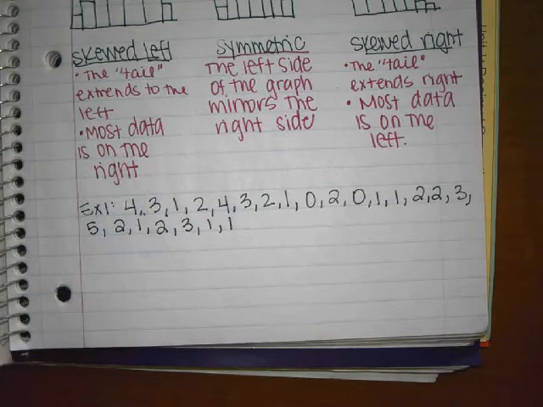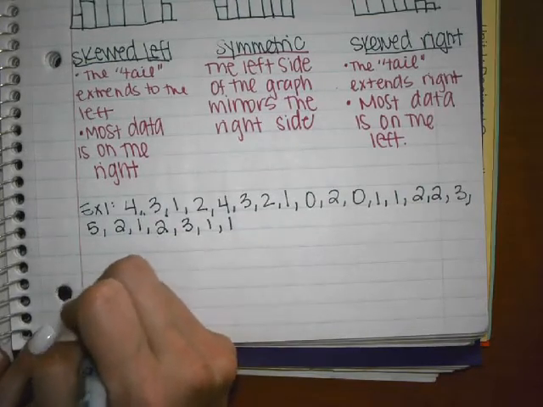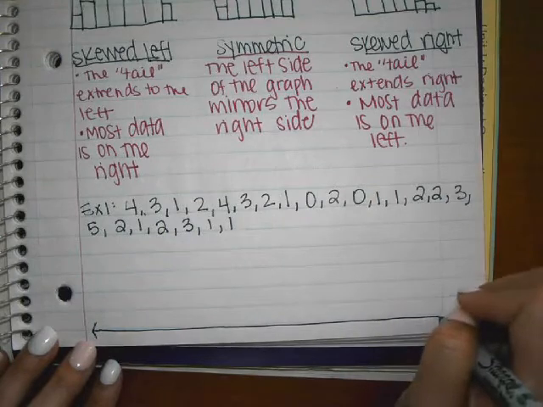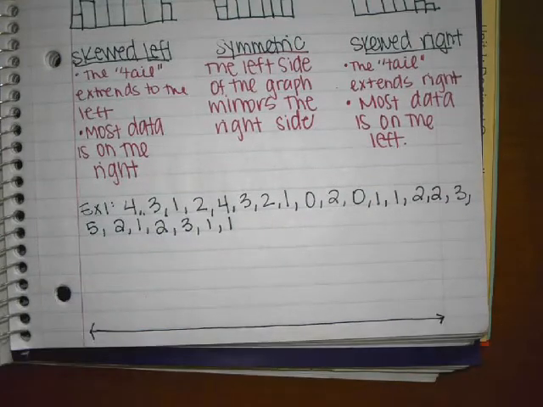Hopefully you got all those written down. I want you and your partner to draw me a line plot with those numbers. If you all remember how to draw a line plot, because it will be on your test on Friday. So give me a line plot with your partner. Go.